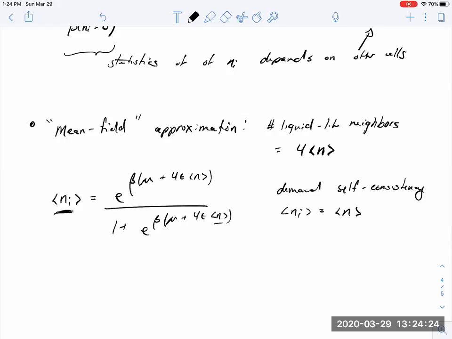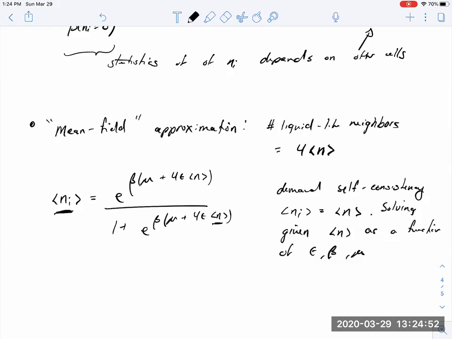So I have the average of n over here and the average of n over here. That is in principle an algebraic equation that I can solve, and get n as a function of epsilon and beta and mu.